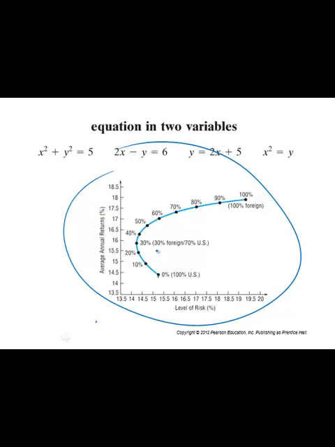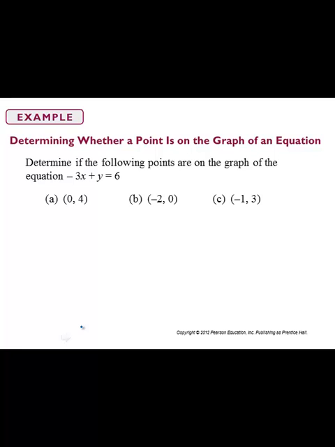And then once you go beyond 30% foreign in your portfolio, you continue to increase your annual rate of return, but you're also greatly increasing your risk. That's the sort of story that I could tell just by looking at this graph. That's why we like graphs, instead of just looking at a bunch of numbers or looking at an equation.